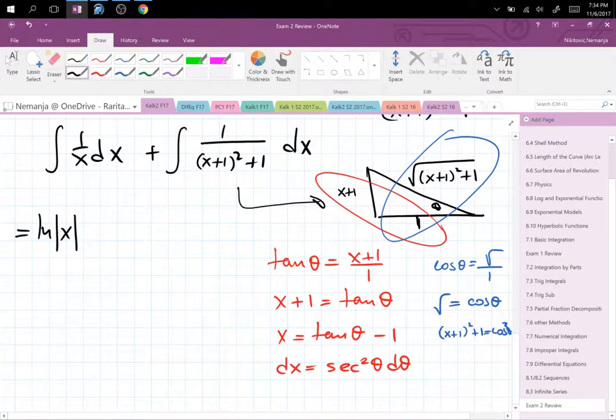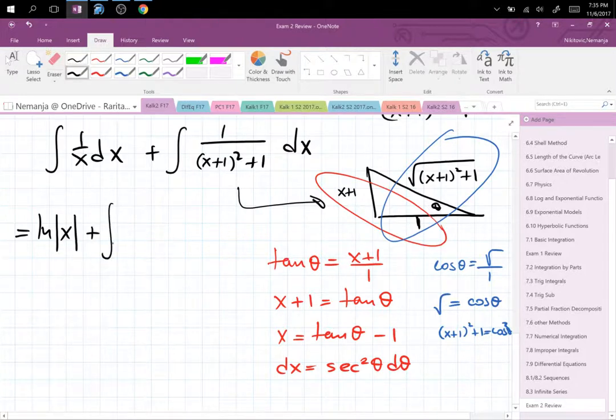Yeah, these absolute values are not here for decoration. It's wrong without them. You didn't put the absolute value.